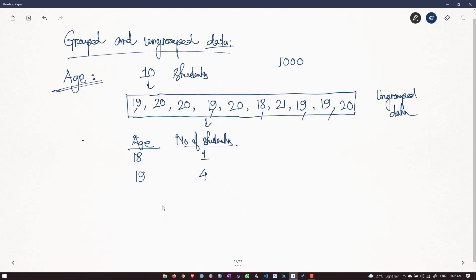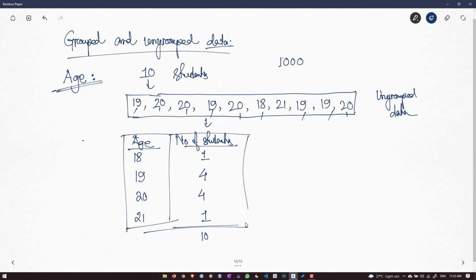So there are 4 students with the age 19. 20 is 1, 2, 3, 4. So there are 4 students with the age 20, and for the age 21 there is 1 student. Now when we group this, the total should be the number of observations, right? So this kind of grouping is called grouped data.